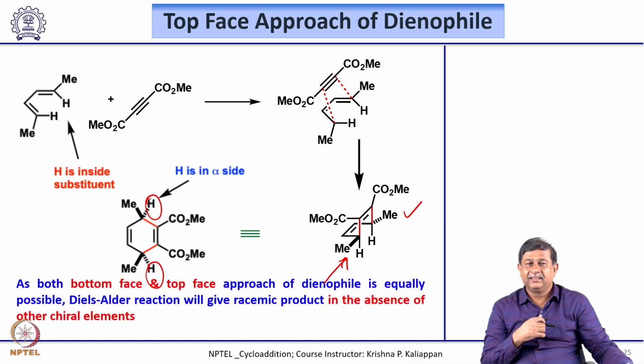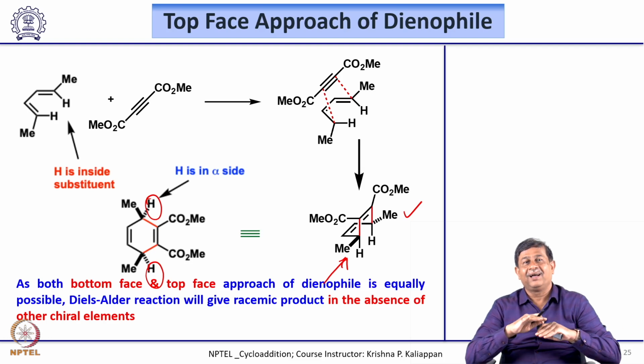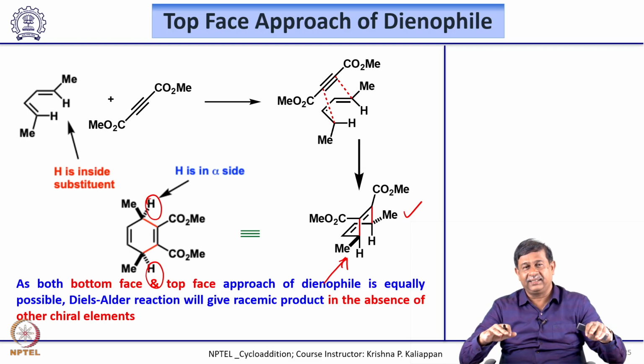So this is what you should know: in a normal Diels-Alder reaction, a normal 4+2 cycloaddition reaction, both top face and bottom face approaches are possible. That is because there is no chiral component, no steric bias.